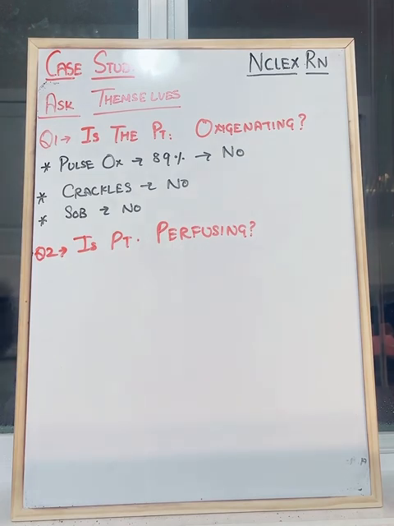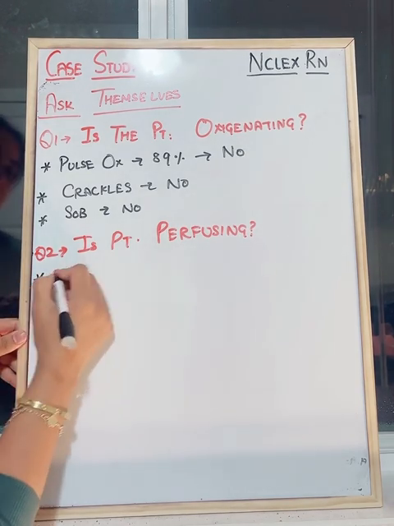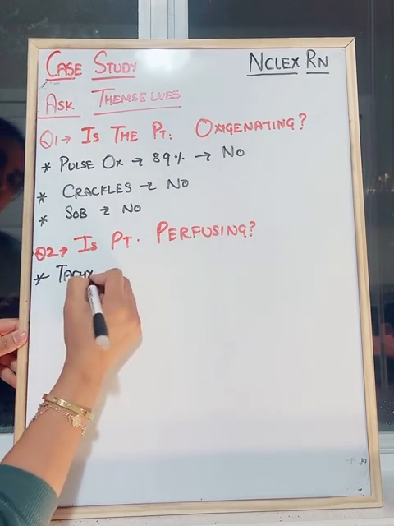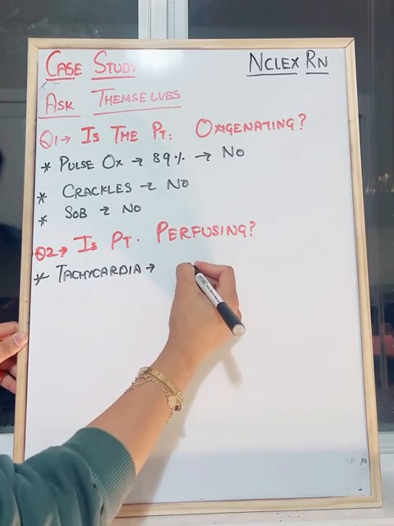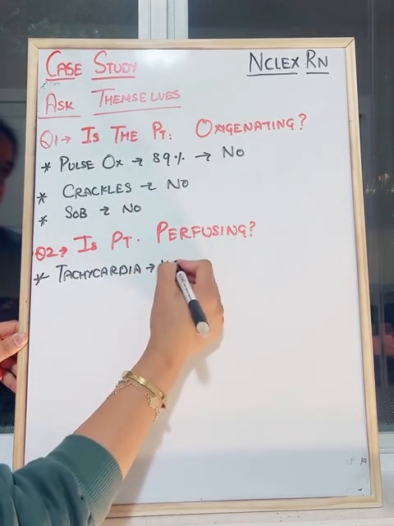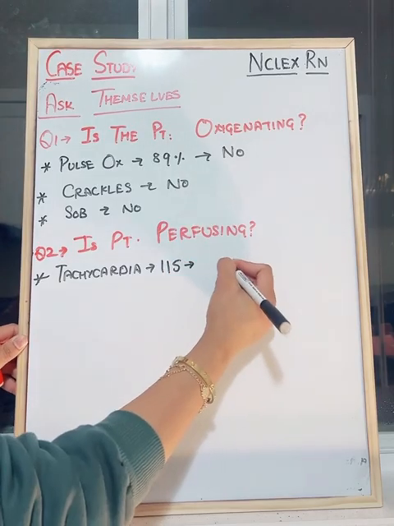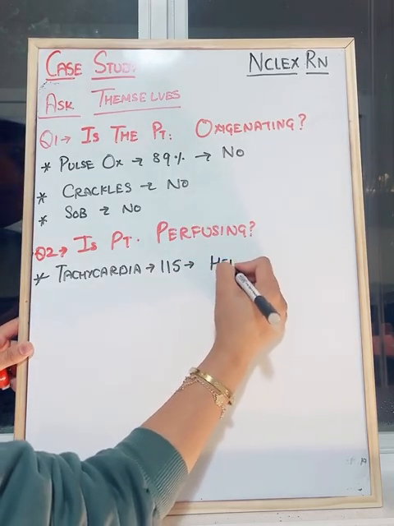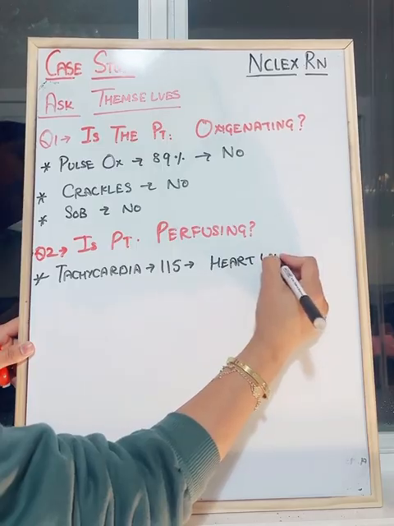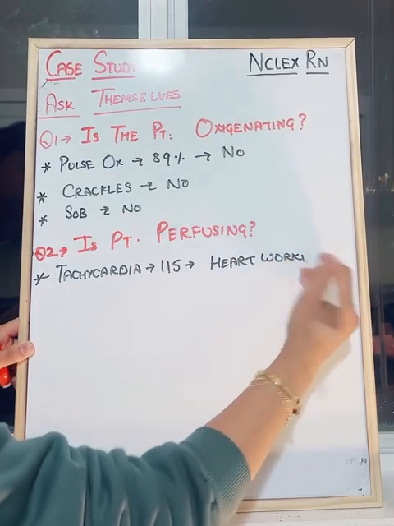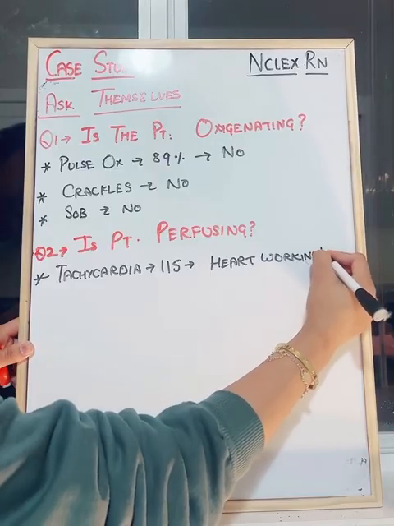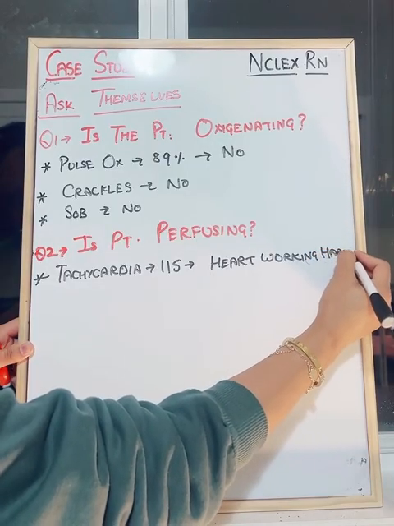Number 1, tachycardia, which was 115, means the heart is working harder.